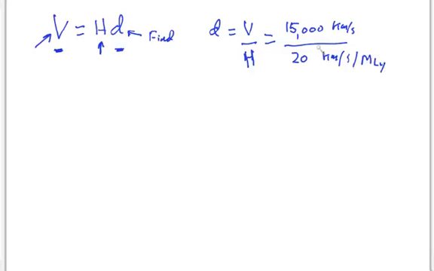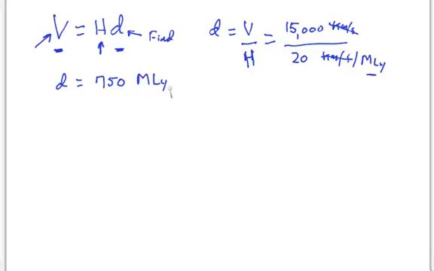And that's pretty straightforward. We can see that in the numerator and the denominator, both of them have got a kilometer per second. That means we can cross them out. Okay? And that means that the answer is going to be in millions of light years. So what's 15,000 divided by 20? Well, that tells us that d is going to be equal to about 750 million light years.